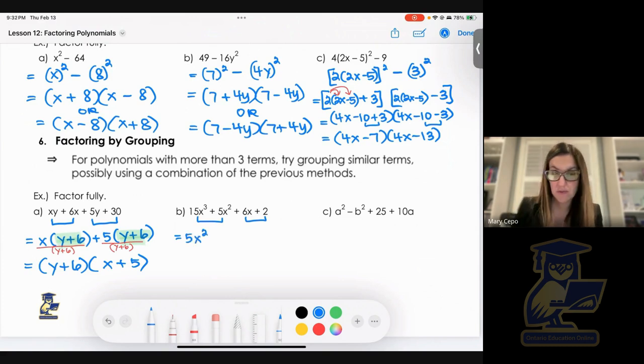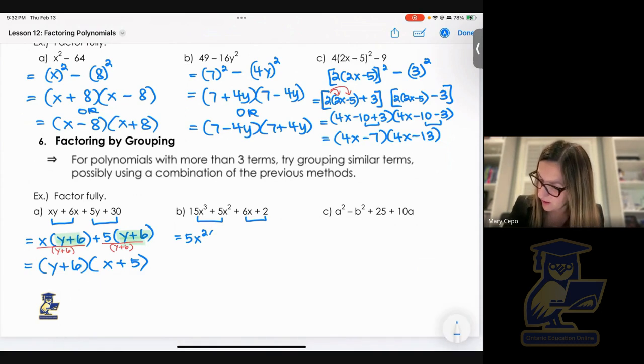If you factor out a 5x squared, we're left with x plus 1. Keeping in mind, we want to make sure that when we factor something out of 6x plus 2, we should come up with that common binomial. So factoring out a positive 2, we're left with 3x plus 1. So now we have a common binomial.